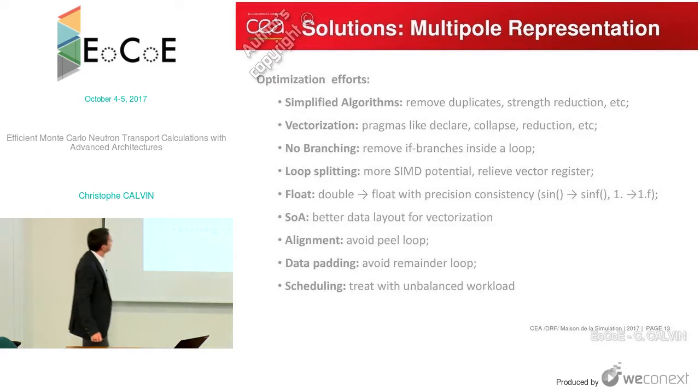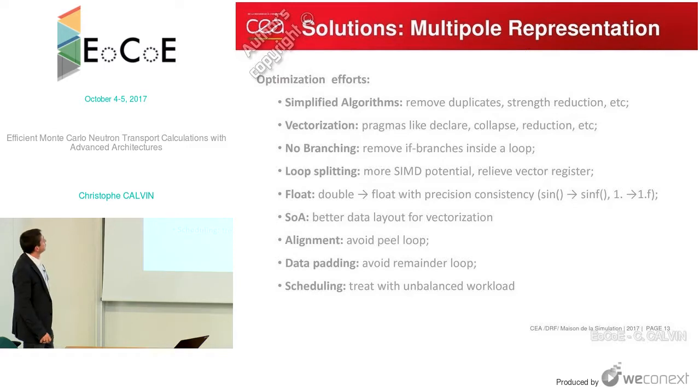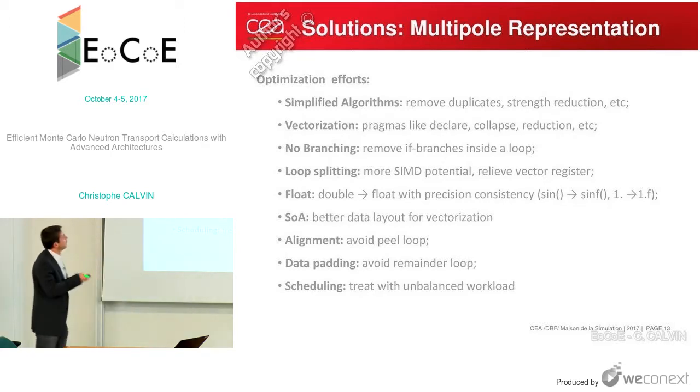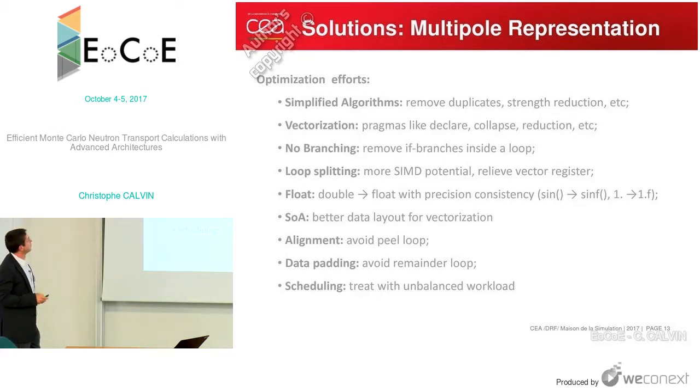So we made some optimization efforts. We start to try to simplify the algorithms. We remove the duplicates, strength reduction, and so on. We work quite hard on vectorization. We move the branching inside a loop. So classical optimizations when you are looking at an algorithm.